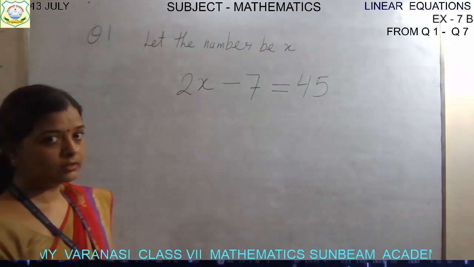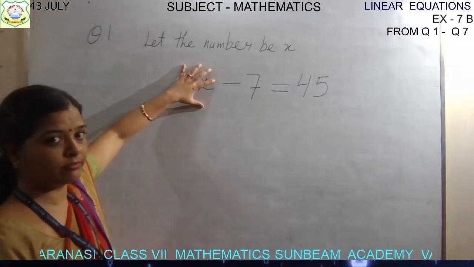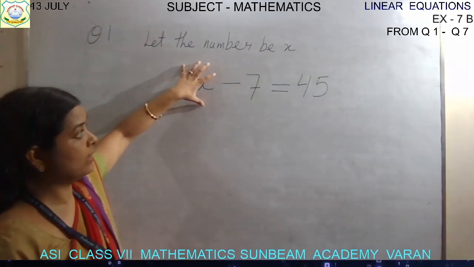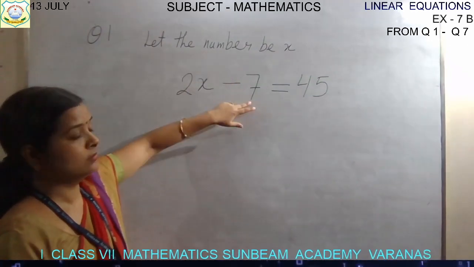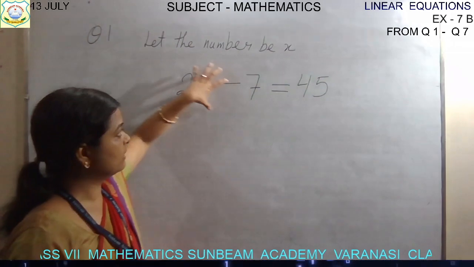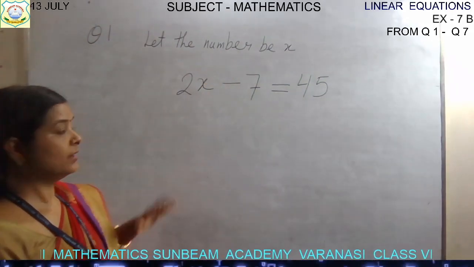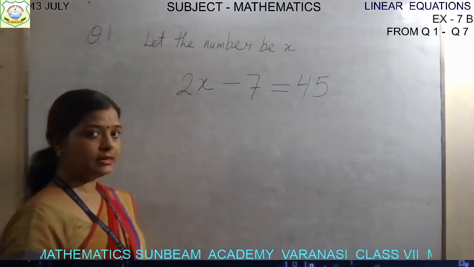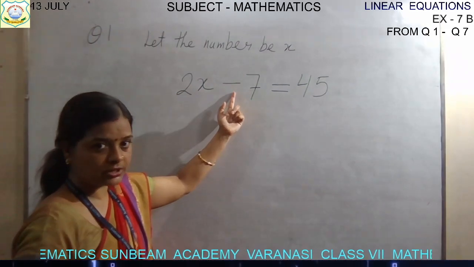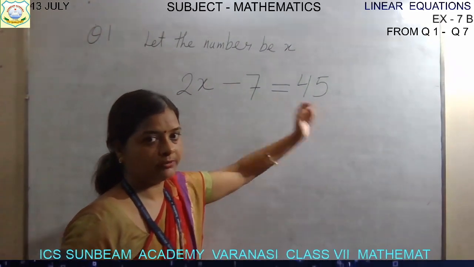So it means that this value 2x will definitely be greater than 45, because you subtract 7 from it and then you get the value equal to 45. Isn't it? So twice a number when decreased by 7, subtraction, you will get 45.